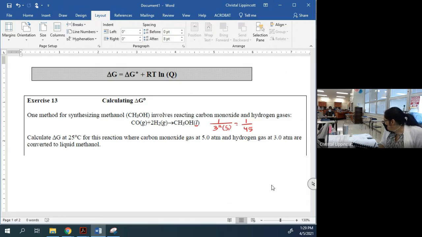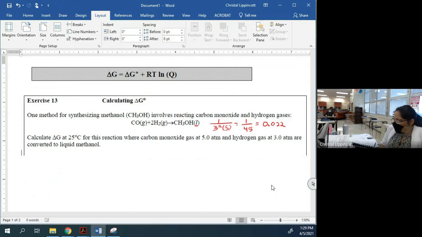That is our Q value. If we use the calculator to make it a more manageable number, it's 0.022. I did all this mental math, but then I used the calculator to get this value. Remember, Q values are unitless. We don't have units on Q's or K's, so we don't have to worry about those.